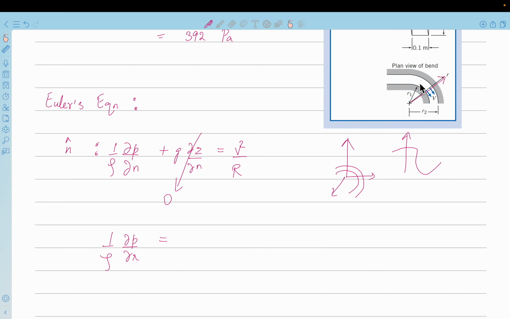And at any instant it can be some radius r. So we're just going to say v square by r. Okay, so you can see that at this point the radius would be r1, but at this point the radius will change to r2. I hope you can appreciate this.